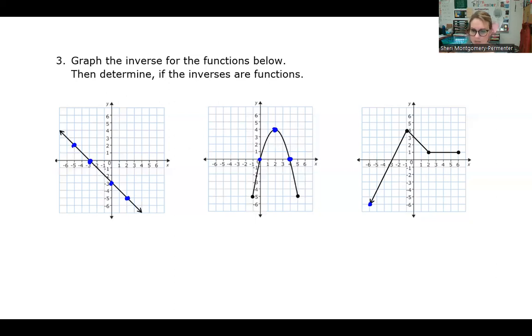So everybody should be trying these graphs. You want to do it on the board for us? I'm getting extra.